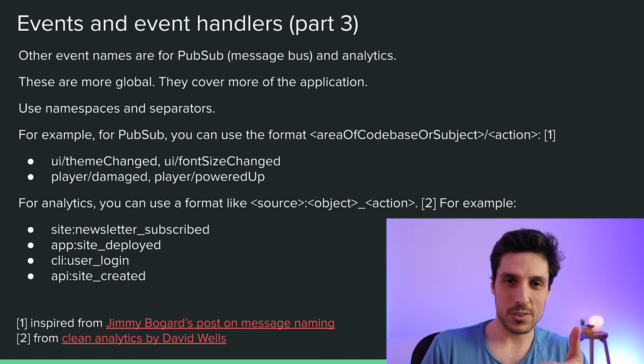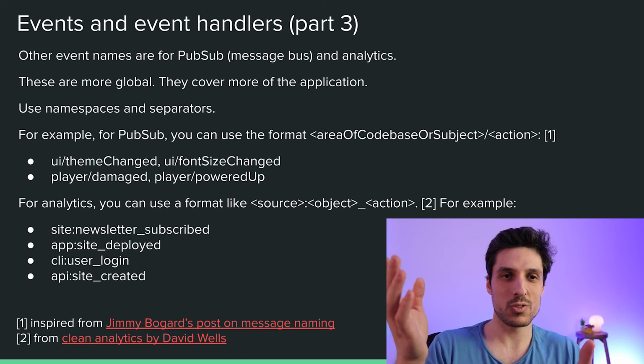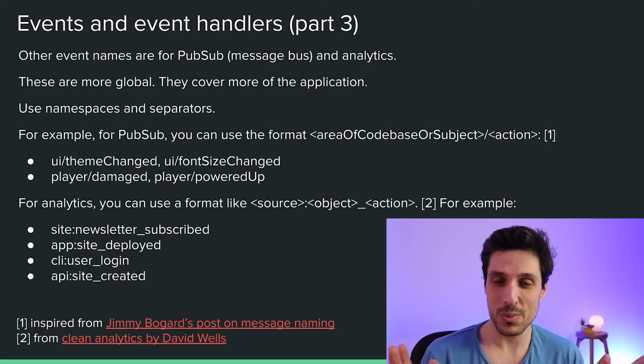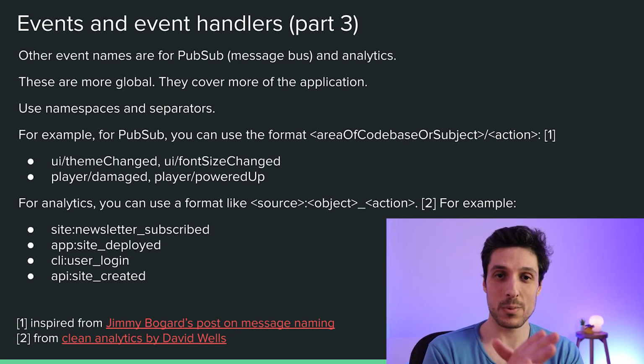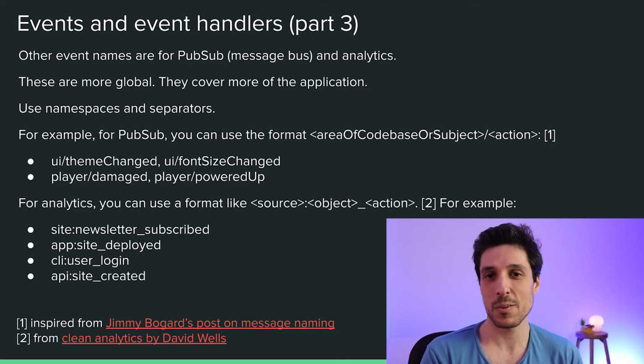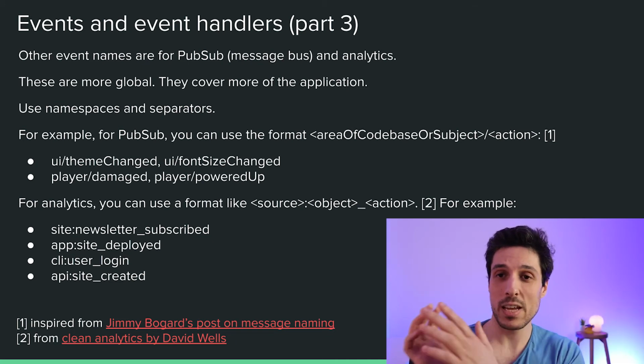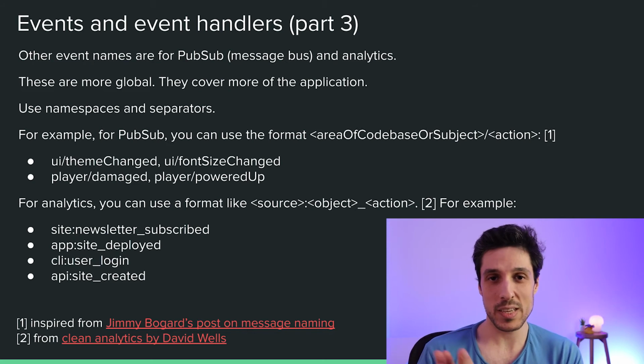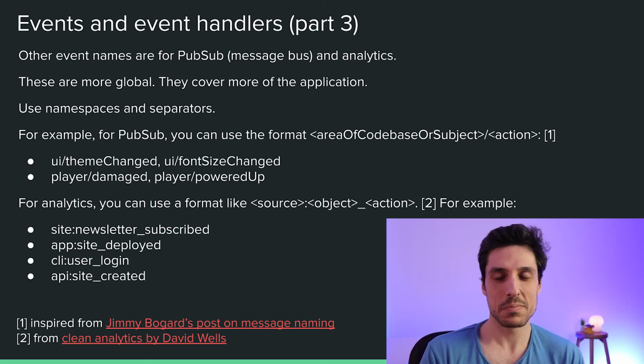Now, the separator that you use to separate namespaces can be whatever you want. It doesn't matter, you just pick one and you use it throughout your code base, okay? How many namespaces you have, you can decide, whatever works best for you. And what those namespaces are, you can decide as well. Yeah, I hope all of this makes sense, right?